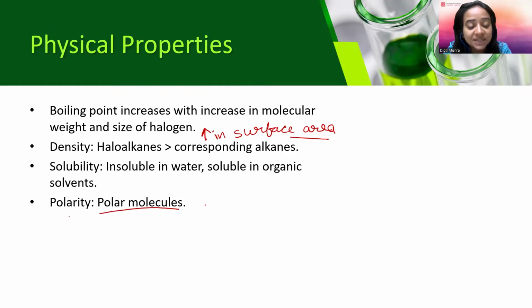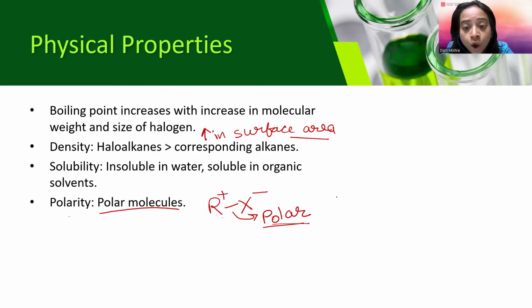Polar molecules means that charge separation can happen. For example, RX, this is your haloalkane. Here R is having a plus charge, X is having a negative charge. So it is a polar molecule.